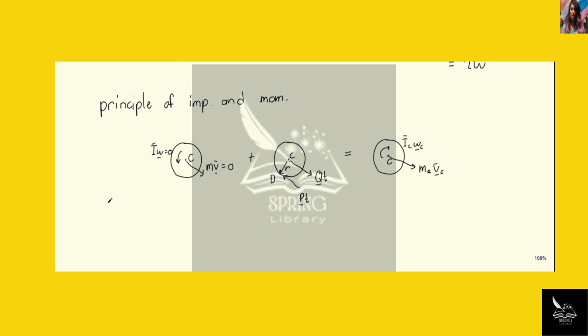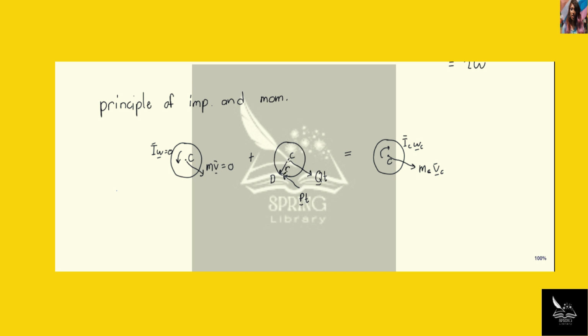Now we'll use the principle of impulse and momentum as follows. Initially, the system has no momentum since it's at rest, so its angular momentum and linear momentum are both zero. Then the impulse of the couple is acting on the rod, and hence the impulse Qt, where Q is some force, acts on the center of disk C. So we're using the principle of impulse and momentum on disk C here. At point C, we have impulse Qt.